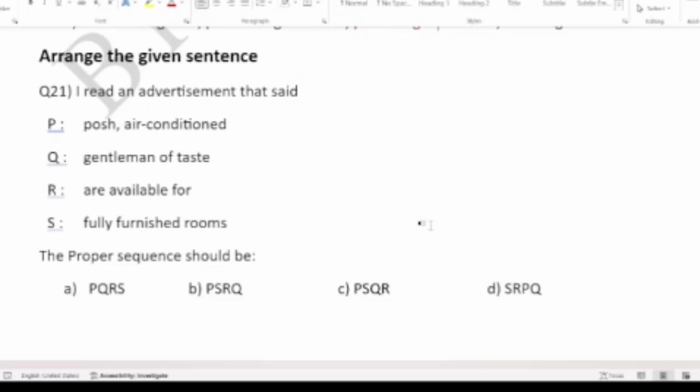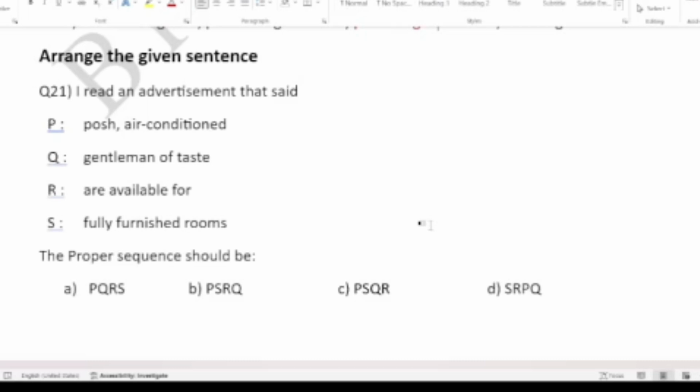For example, in this sentence we can see: I read an advertisement that said, posh air conditioned, gentlemen of taste are available, fully furnished. Here we can see that I read an advertisement that said gentlemen of taste.